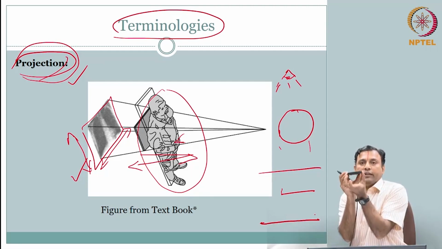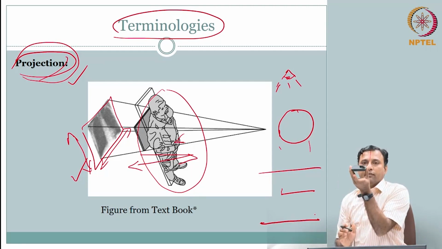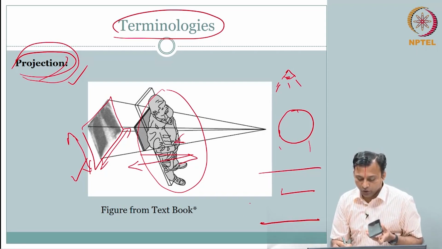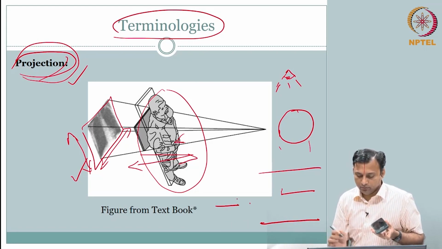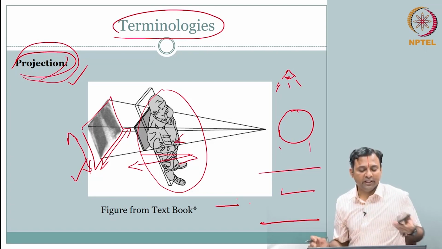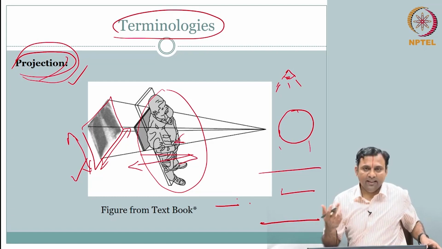If I project it like this, what is the projection? Oh, it is again a line, but then that line is going to be shorter, right, in length. That is, 2 dimensions, when you project, become 1 dimension less, right, clear.